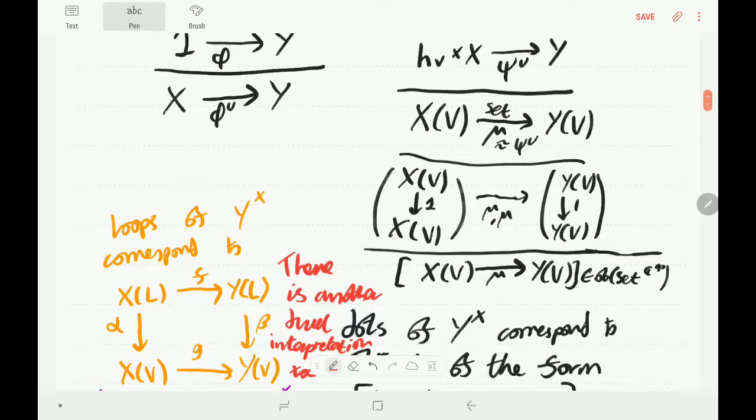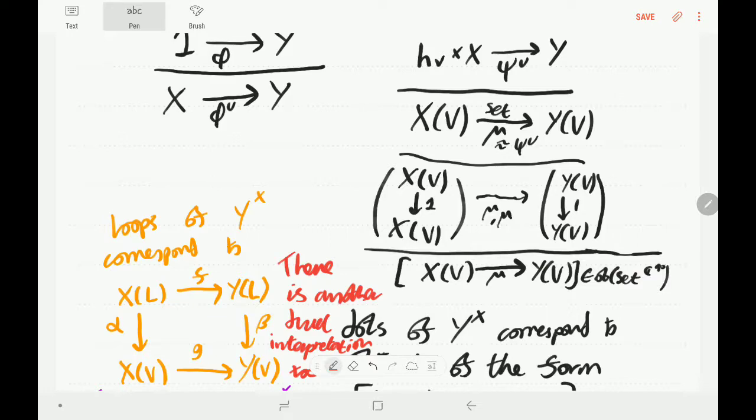And then if we do our switching trick, we could say this corresponds to a mapping from the discretized set, dots and loops on V, and so on. And this just corresponds to an object, which is just the set map.